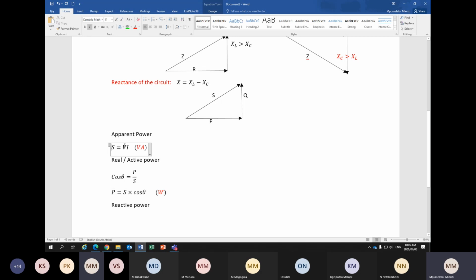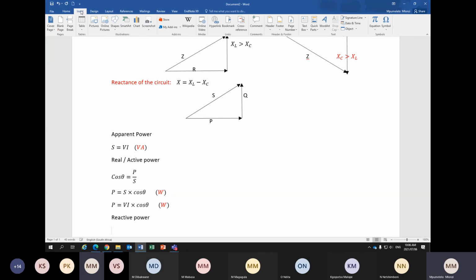If we have this as the formula to calculate the apparent power, it means the real power is calculated by multiplying the voltage by the current by cos theta. Now, this is one formula which you can use to calculate power. Then, looking at this triangle, how do we calculate the reactive power?